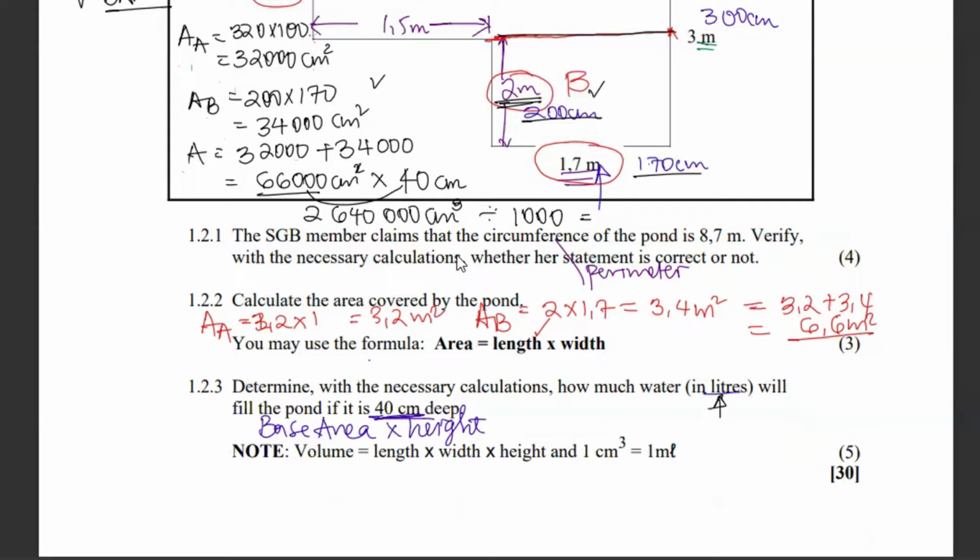So the pond takes this much liters, which is too much: 2,640 liters. That's what we do. Okay, this marks the end of question number 1.